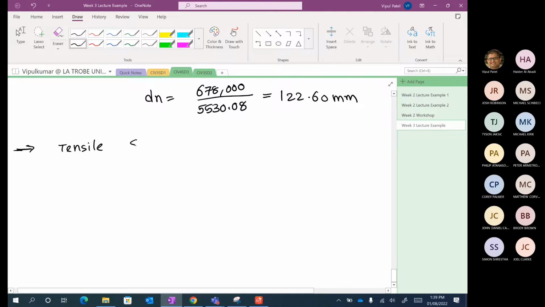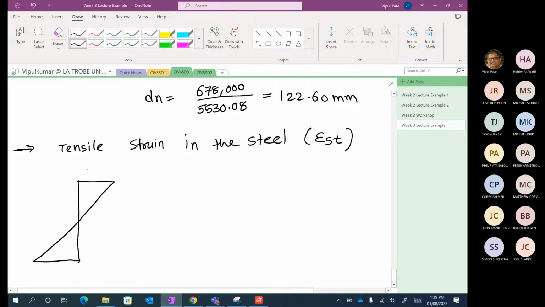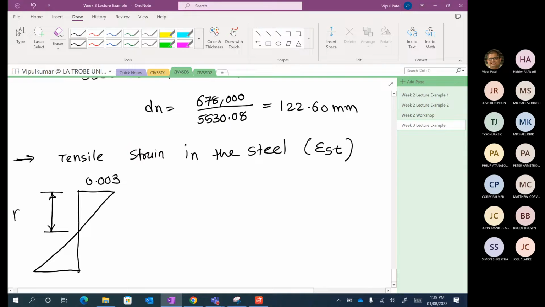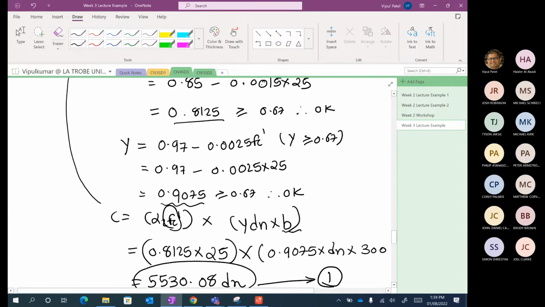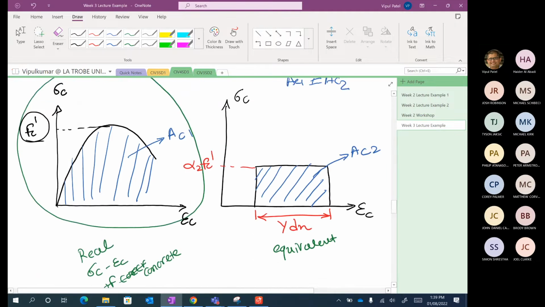Tensile strain in the steel, let's put EST. If I draw the same diagram that you have up, 0.003, this is Dn, 122.60 millimeters. By the way, I just copied this strain diagram that I explained to you before.